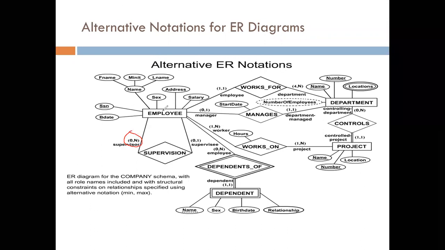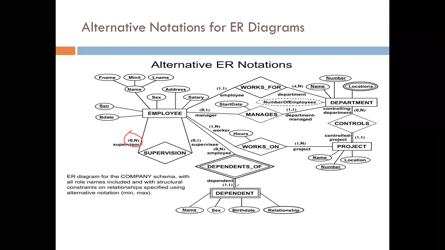So an employee can either supervise 0 or n, or there will be 0 or 1 supervisor for an employee. All those things, the minimum and the maximum relationship instances that an entity can participate in, are written inside parentheses.